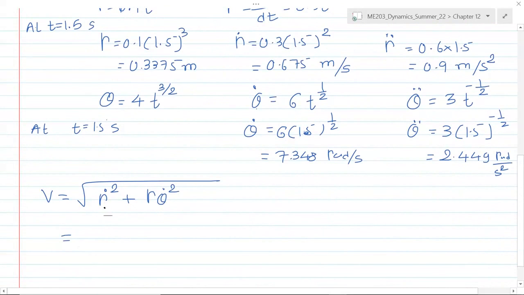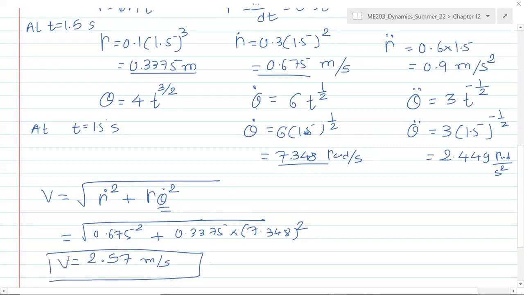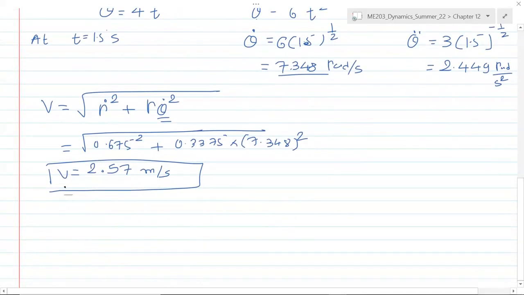So all we need to do now is substitute the respective numbers here. r dot we have here, which is 0.675 square, plus r, which is 0.3375 multiplied by theta dot, which is this number, square, and this is 2.57 meters per second. This is the velocity of the ball at the given time, 1.5 seconds.